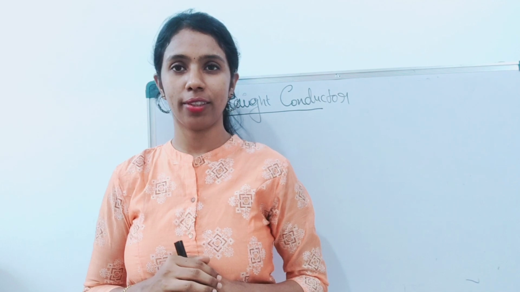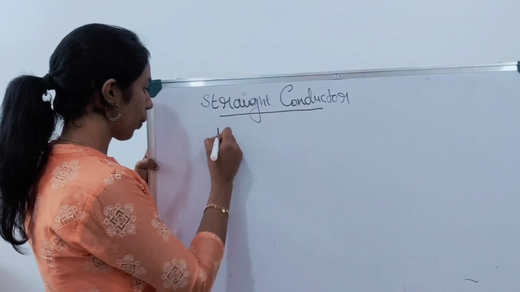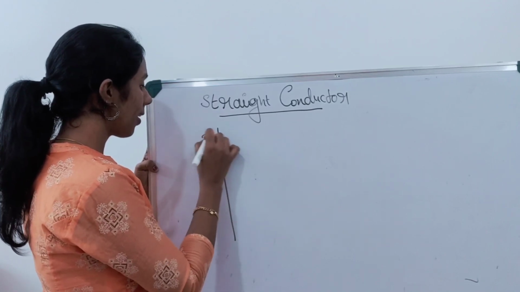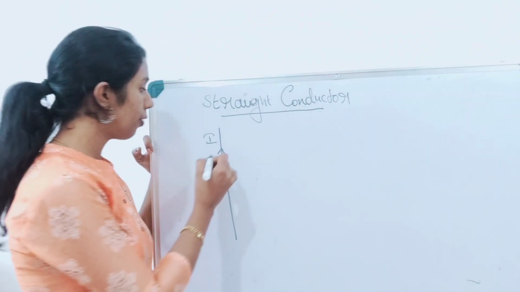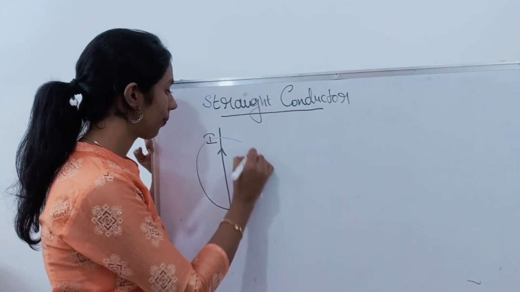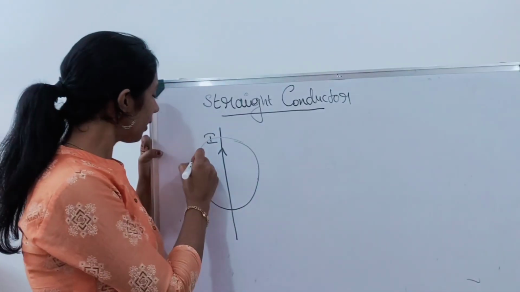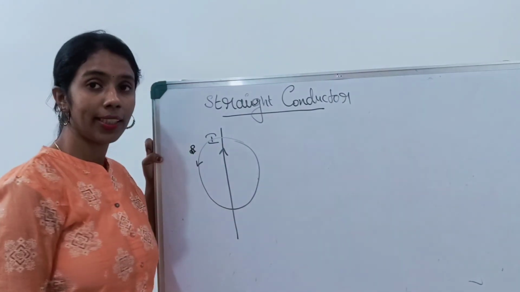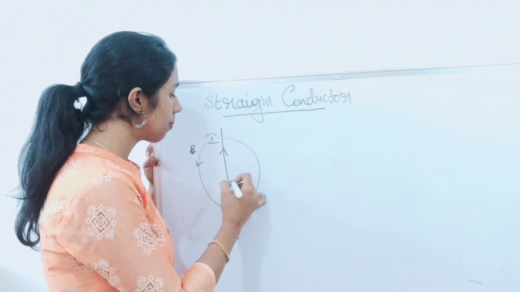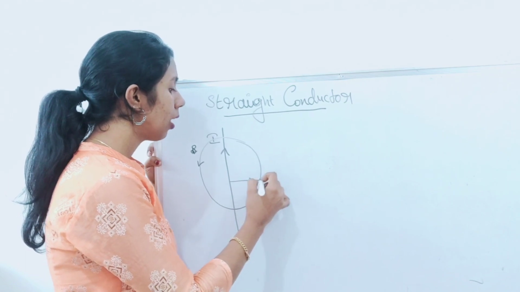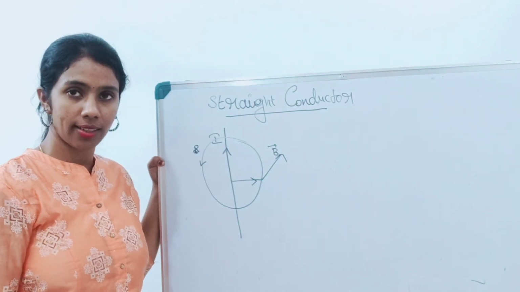Application of Ampere's circuital law to a straight conductor. Here we consider a straight conductor carrying a current I. In order to apply Ampere's circuital law, first of all we consider an Amperian loop. Here the Amperian loop is circular, where the magnetic field is along the circular path. If I consider a small elementary length dl, both dl and the magnetic field will be tangential to the circle.